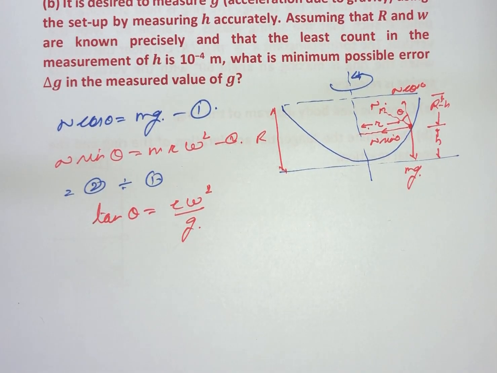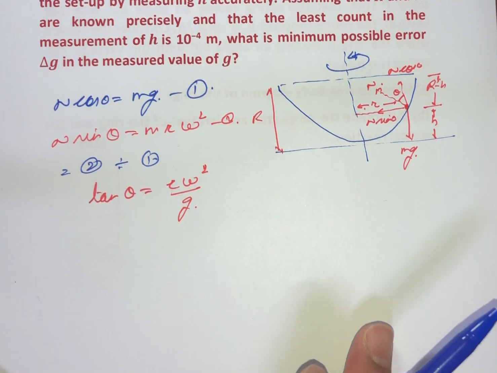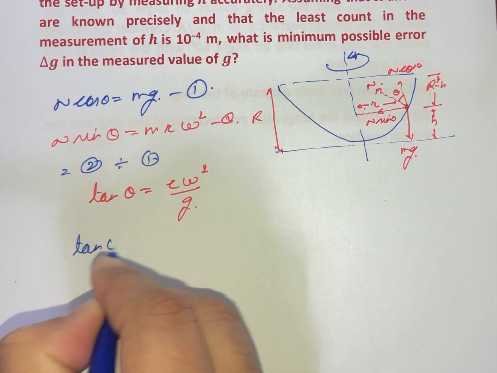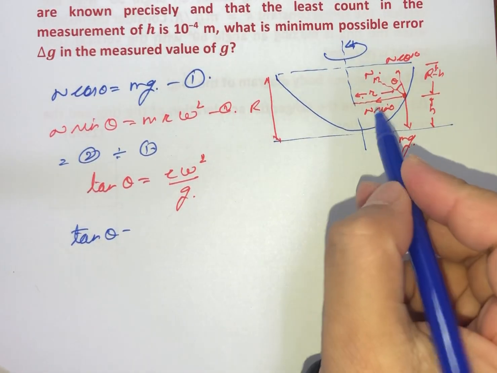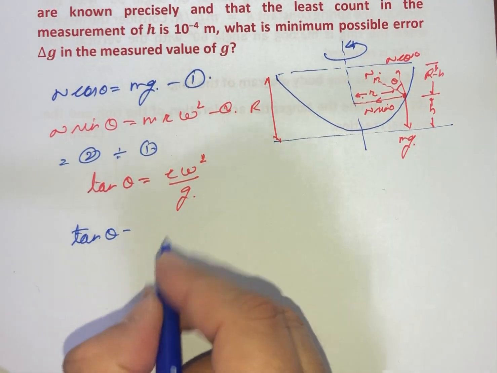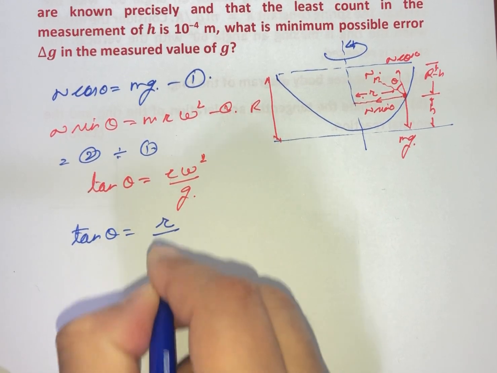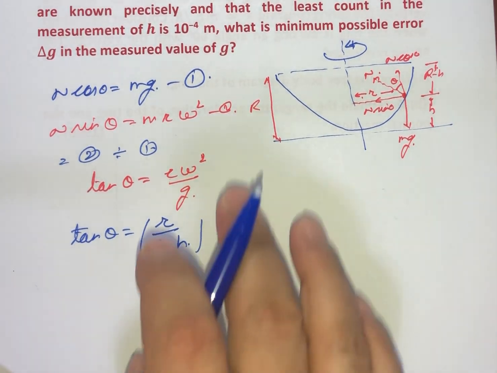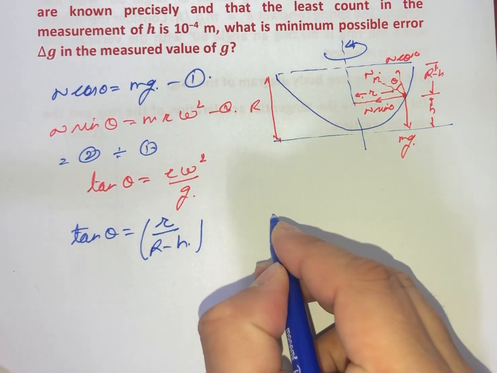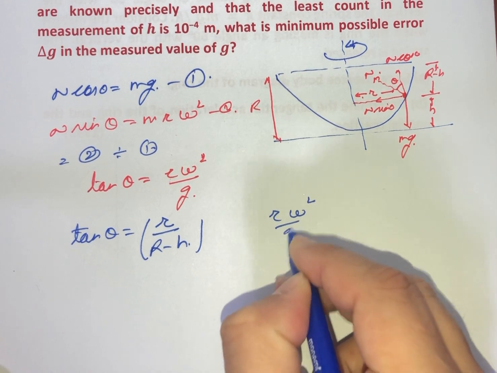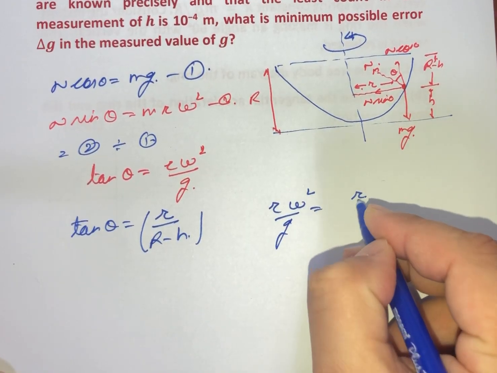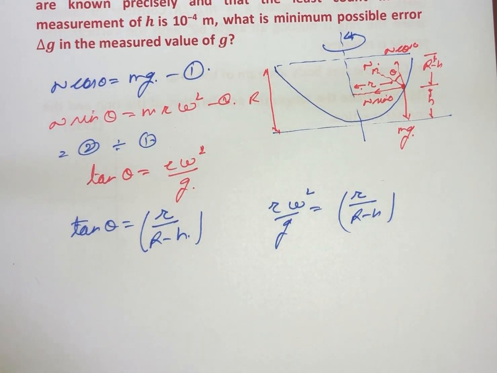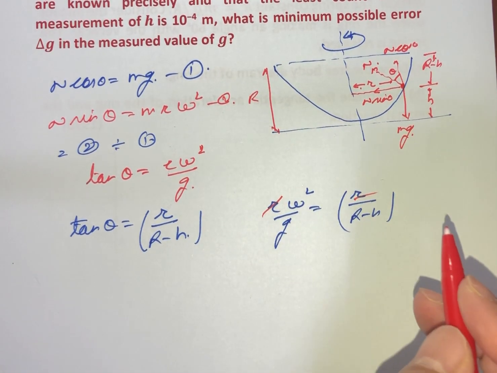Also from the figure we can say that tan theta will be equal to r divided by R minus h. If we equate these two, we get r omega square divided by g is equal to r upon R minus h, and r cancels out with r.